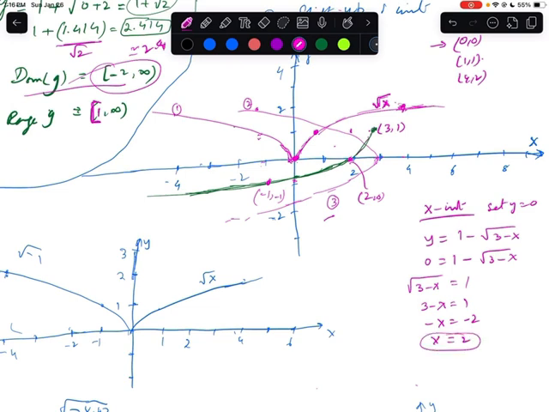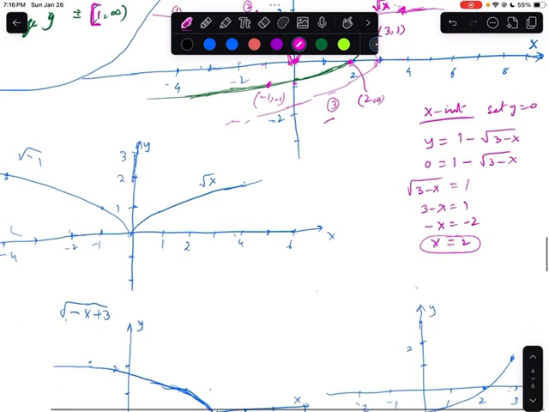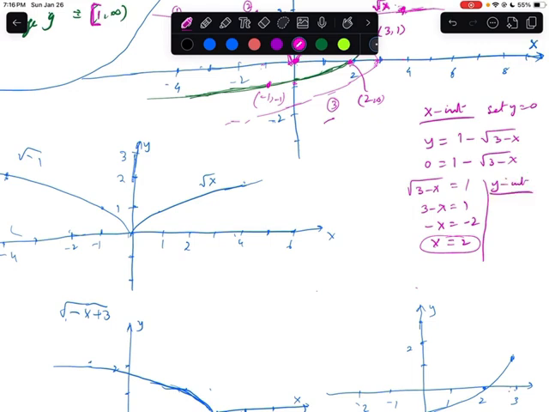What about the y-intercept? For the y-intercept, we set x equal to 0, so that y will become 1 minus square root of 3. What is the value of square root of 3? If you can remember, good.